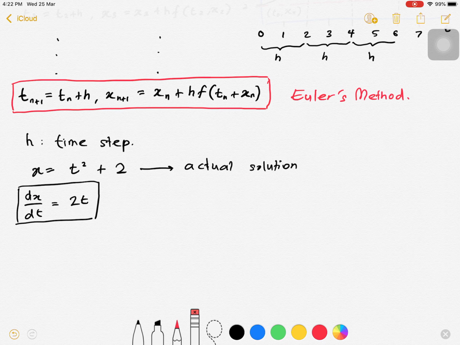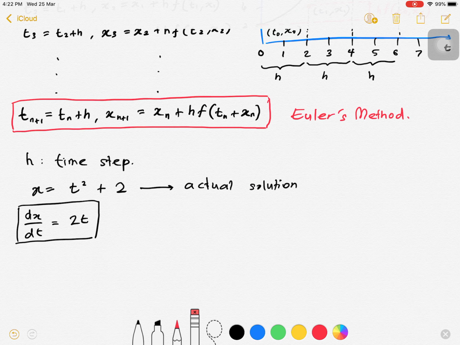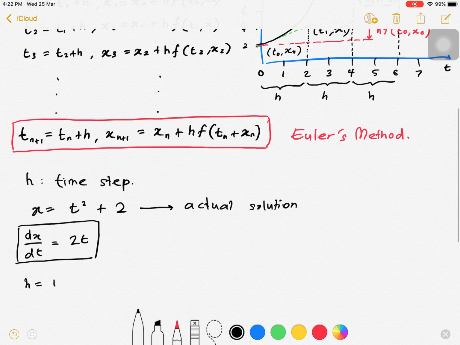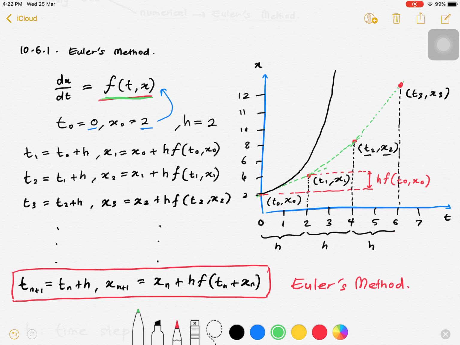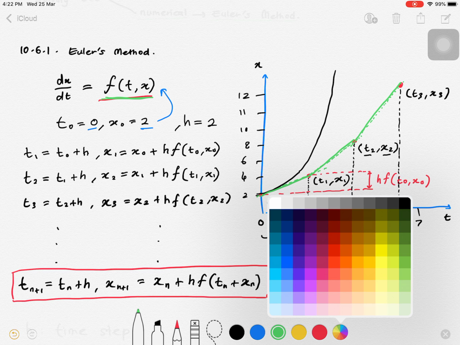So when we use a smaller time step, let's say I reduce the time step, h is equal to 1 instead of before, h is equal to 2. So previously we get the curve like this. Okay, but when we reduce the time step, what will happen? I will choose another color.